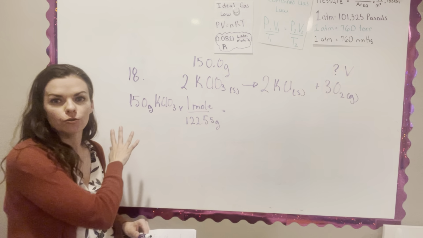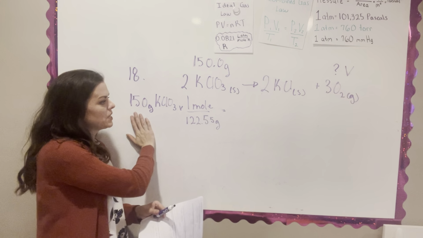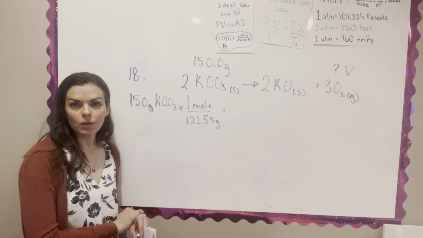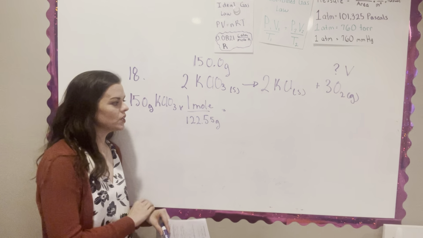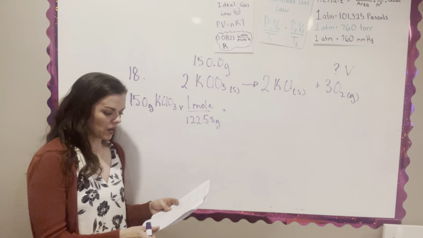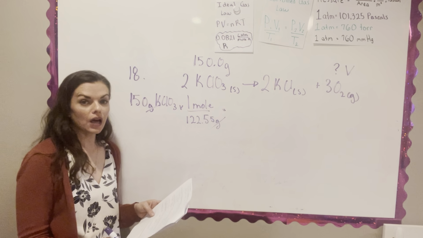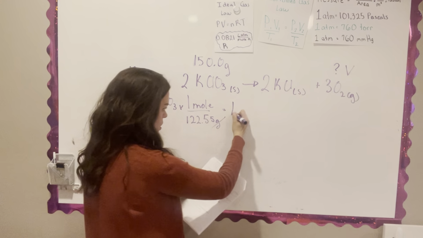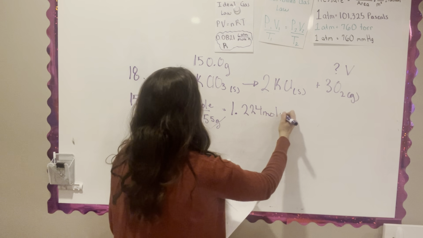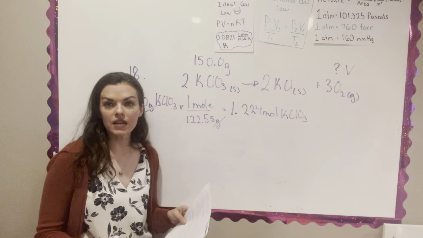First we're going to go from grams to moles. I have 150 grams of potassium chlorate, and if I add up all the molar masses from my periodic table, I get 122.55. So you take 150, divide it by 122.55, grams cancels out, and you're left with moles of KClO3.